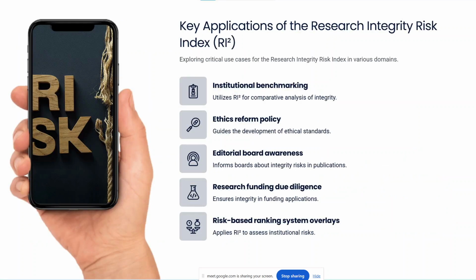Okay, so what's the key application of this RI square? Institutional benchmarking. This will help to eradicate all the publication ethics malpractice, and it will help authors and readers get more information about the editorial board and the expertise of all the editorial board members.